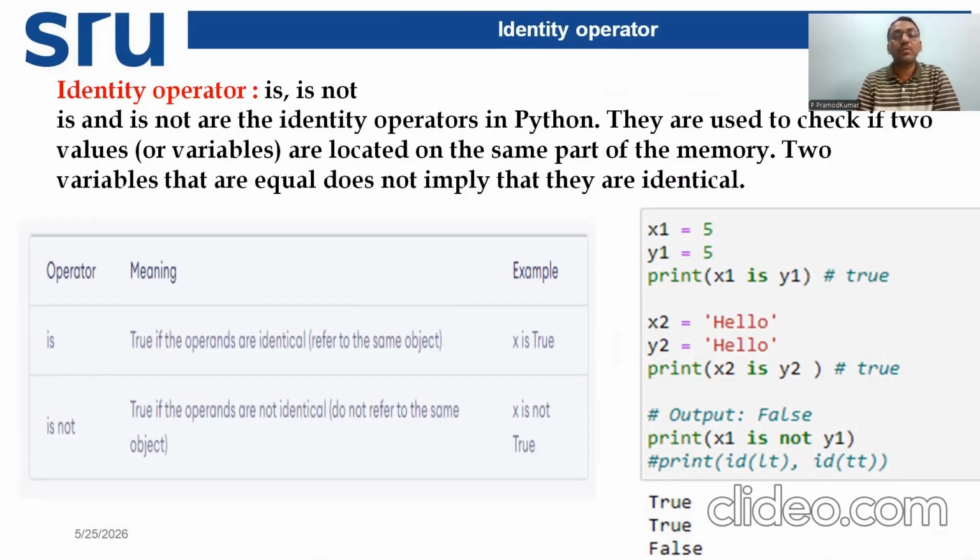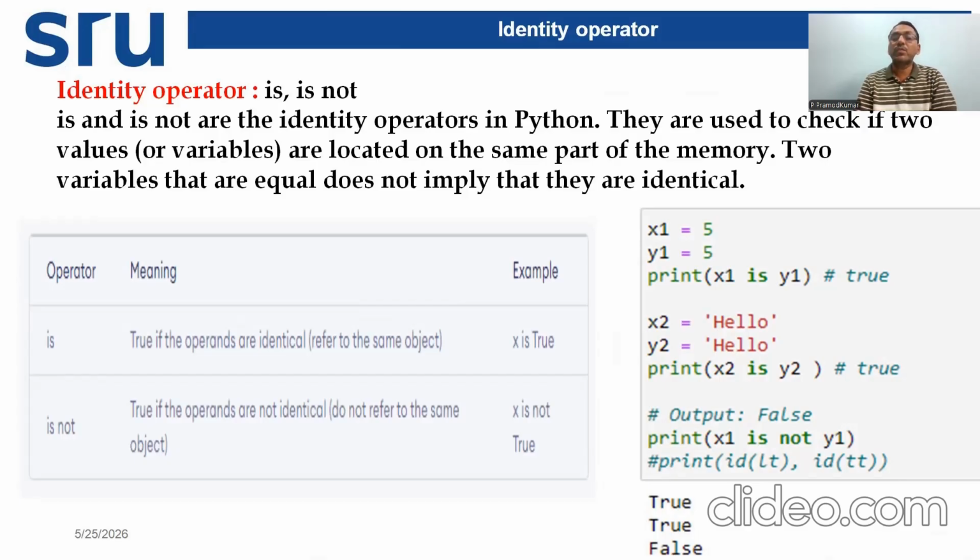Coming to this example, x1 value is 5, meaning x1 as a variable is holding the value 5. y1 is a variable also holding a 5. In Python, what happens, though you give different variable names, both will point to the same memory. The values are stored in locations.